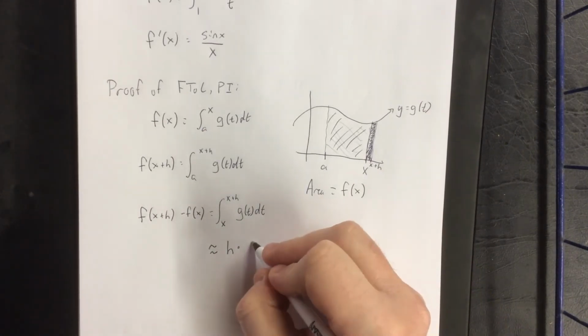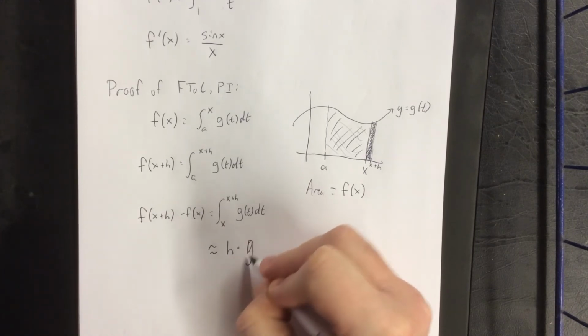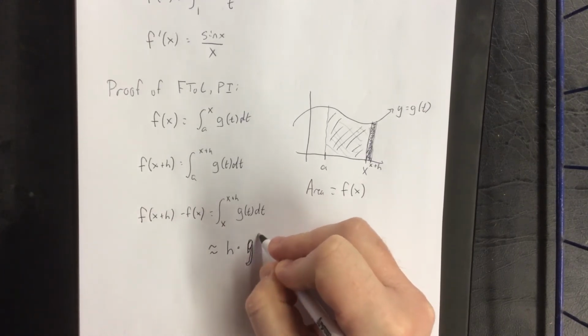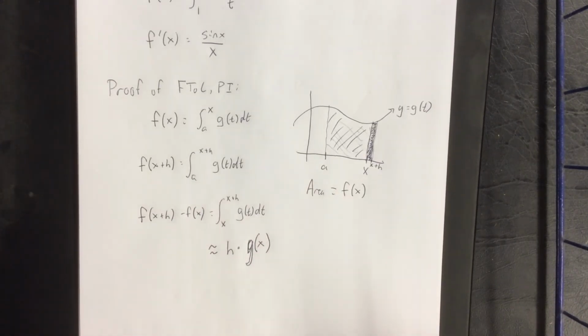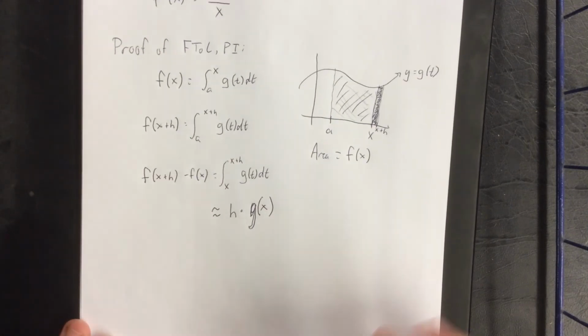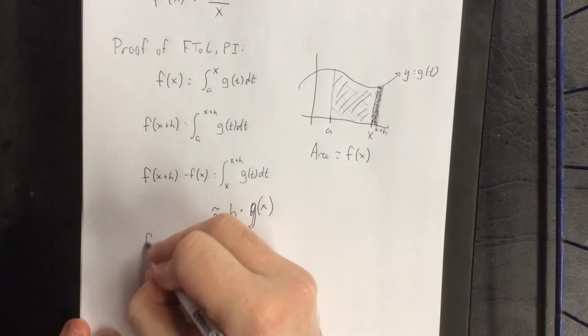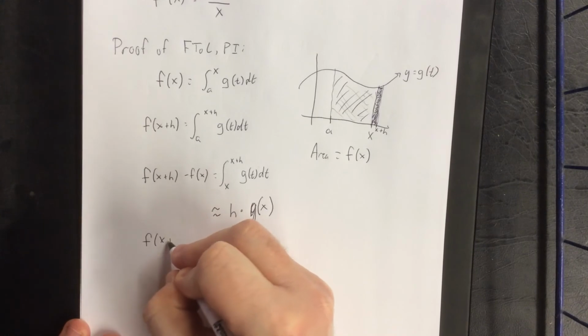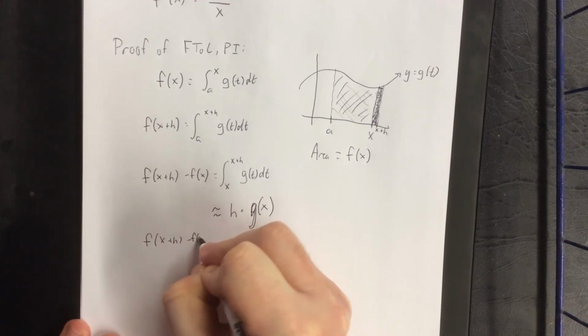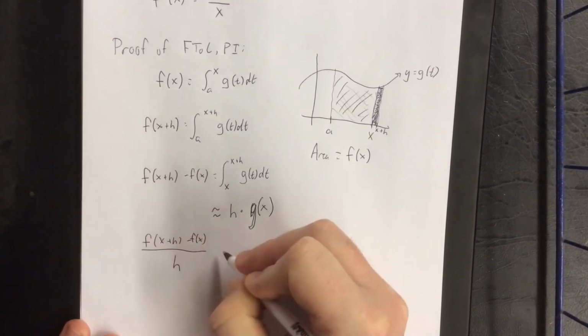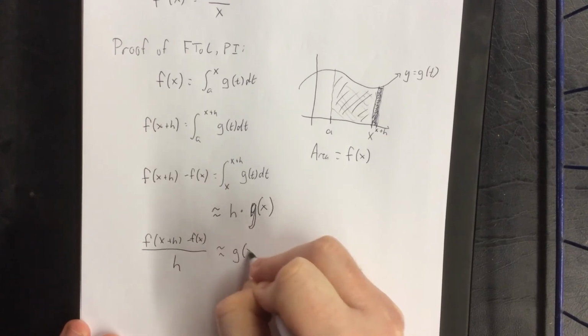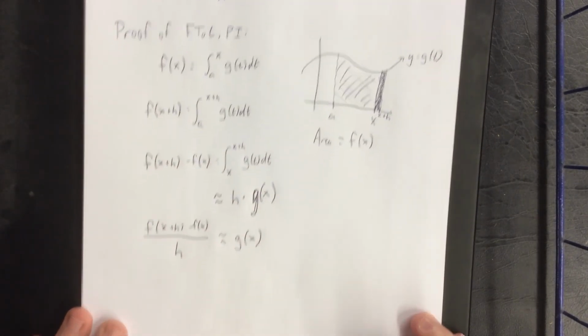That'll be h. For a left endpoint, that would be taking the function g and plugging in x. Which means that if we were to take f of x plus h minus f of x all over h, this would be approximately equal to simply g of x.